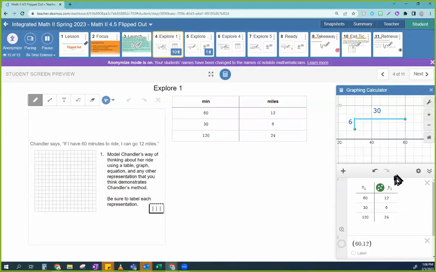George Polya says it's better for you to understand how to do one problem 5 different ways than to understand how to do 5 problems and always do it the same way. So this is one of those examples where you're showing it in a table, you're showing it here, and for some of you, you even wrote an equation for it, which is good. It's really important that you can make all those connections.